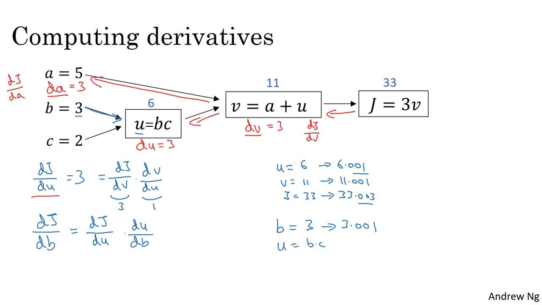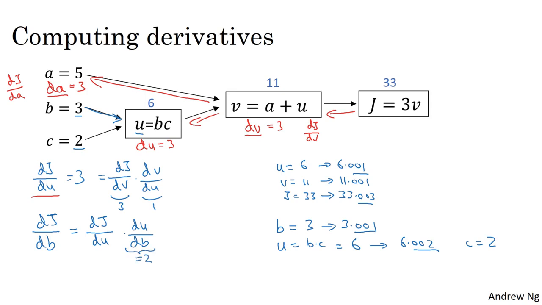So this will go from 6 when b is equal to 3 to now 6.002, because c is equal to 2 in our example here. And so this tells us that du db is equal to 2, because when you bump up b by 0.001, u increases twice as much. So du db is equal to 2.